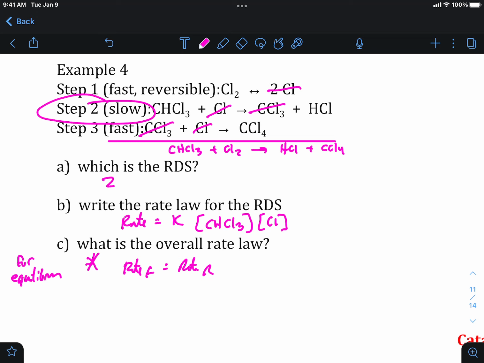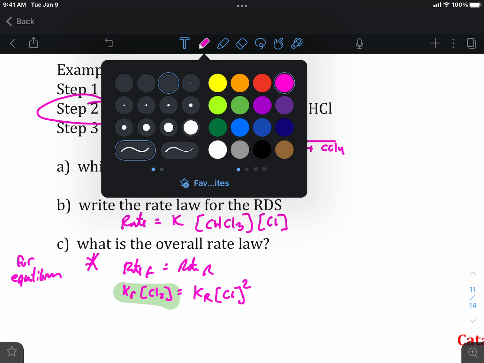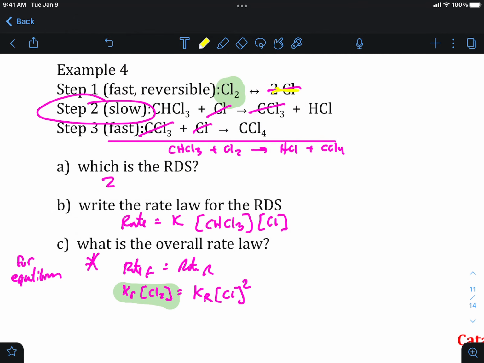Okay, so the rate of the forward reaction is going to be Kf times the concentration of the reactants in the forward reaction, which is Cl2. That's equal to Kr multiplied by Cl raised to the second, because those are the reactants for the reverse reaction in the equilibrium step.